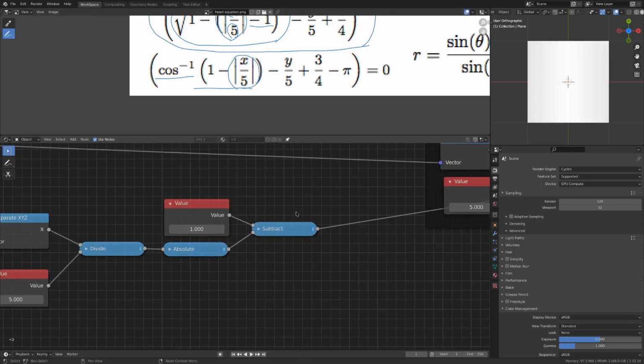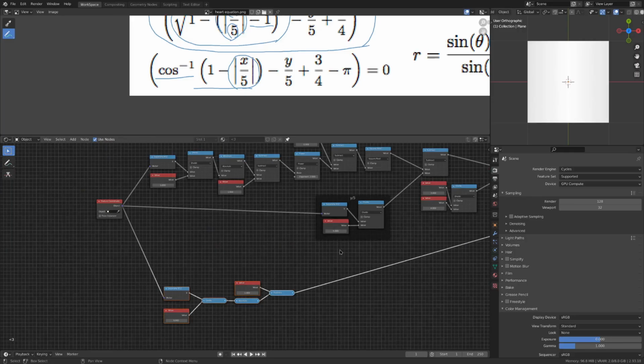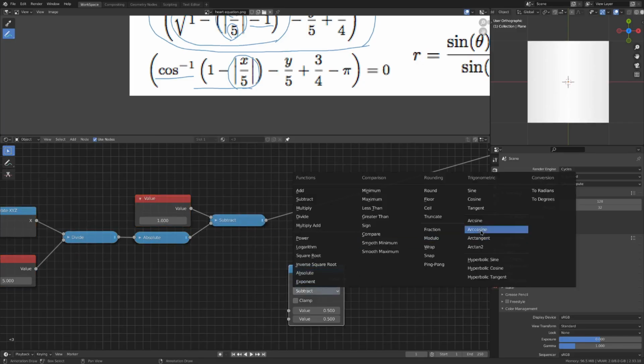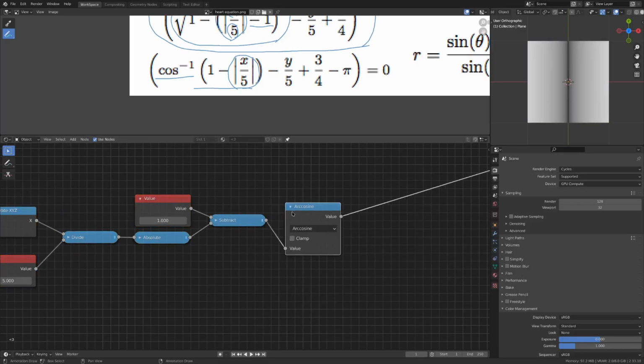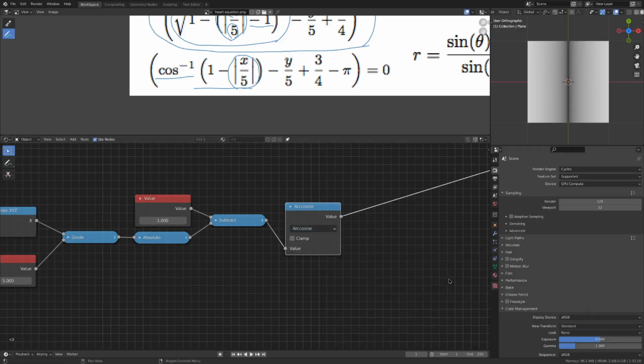So let's see how it goes. I'm very curious how it goes now. So math node, set it to inverse cosine. Oh, we got this. Oh yeah, wait, is it correct? Oh yeah, this is correct. No, never mind.